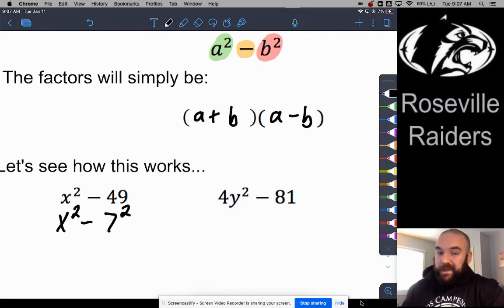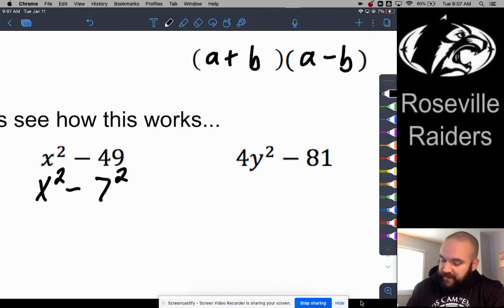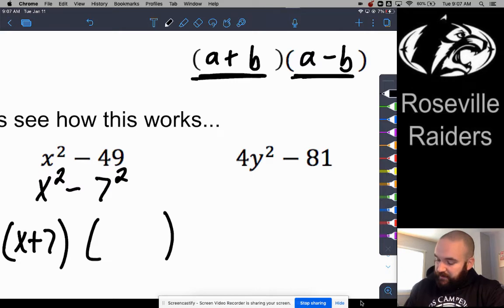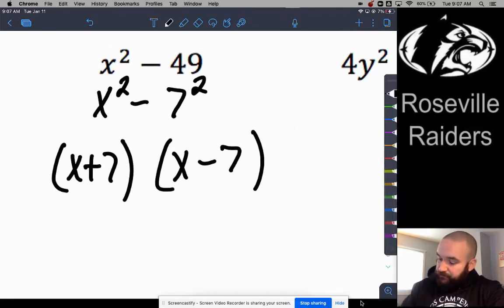Because it fits a squared minus b squared, to factor this thing, I'm going to do a plus b, which would be x plus 7, times a minus b, which is x minus 7. Now we know, or we've seen, that you can simply check your work by multiplying this out.